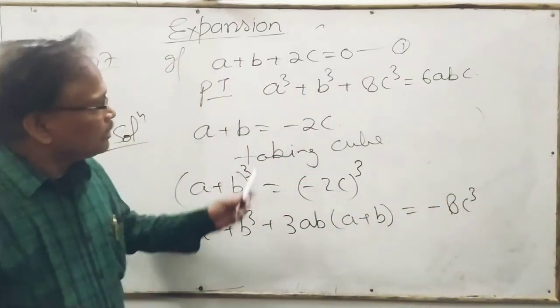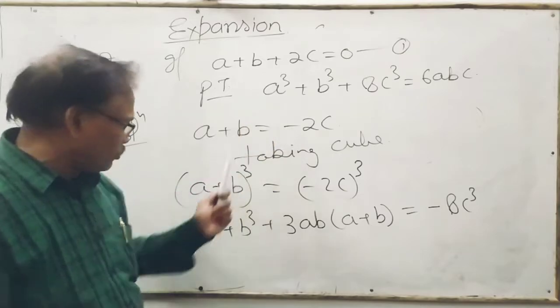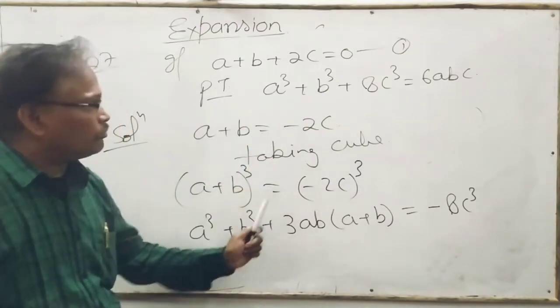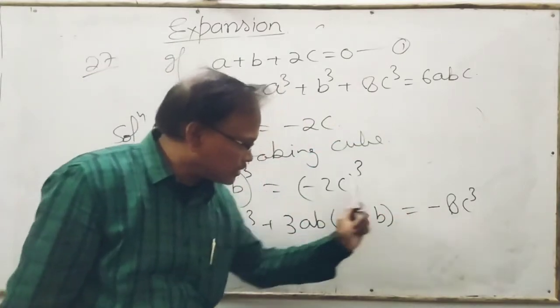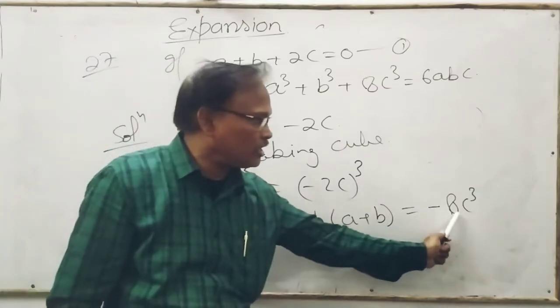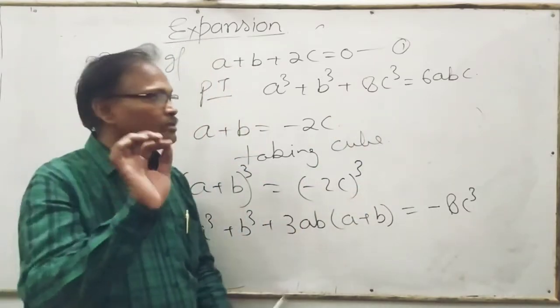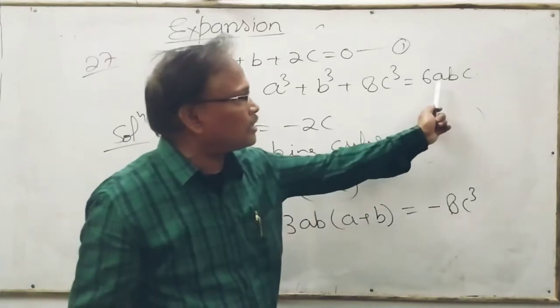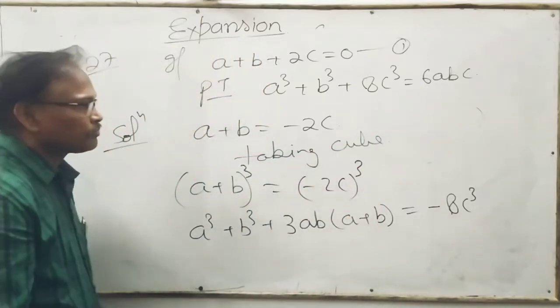Now see, in the proof, in the left hand side, a cube plus b cube plus 8c cube. If you take this in the left side, you will get the plus 8c cube. Only you have to find 6abc. How to get?